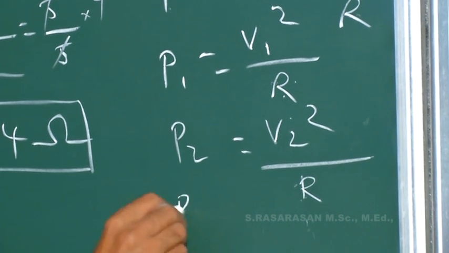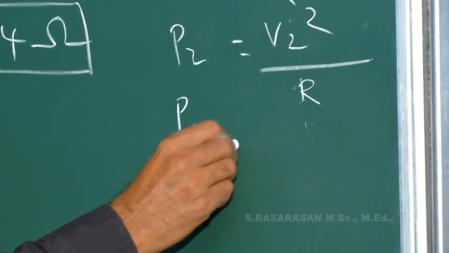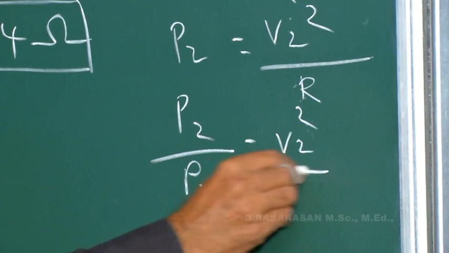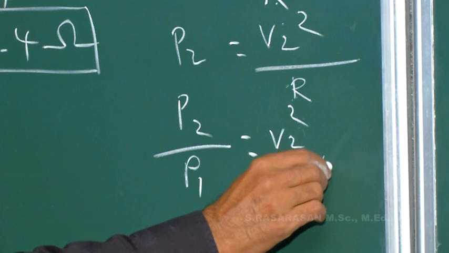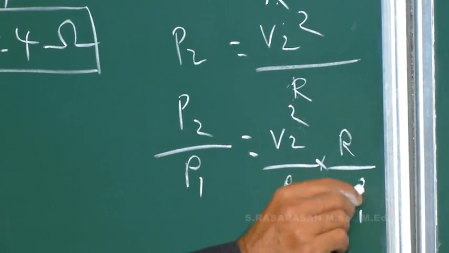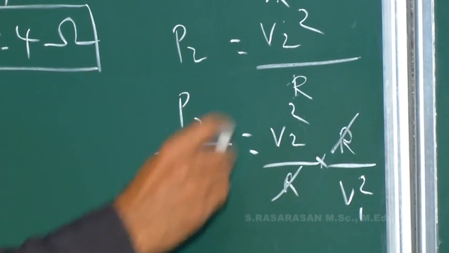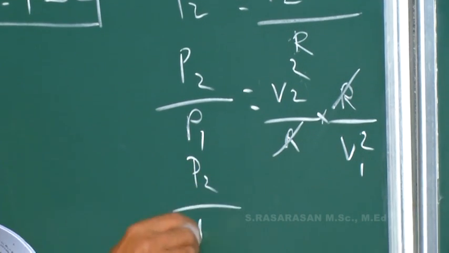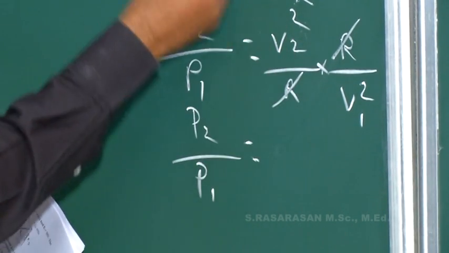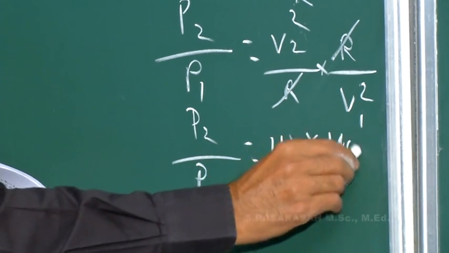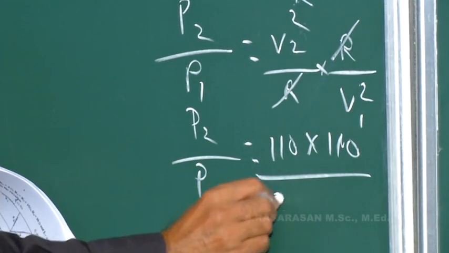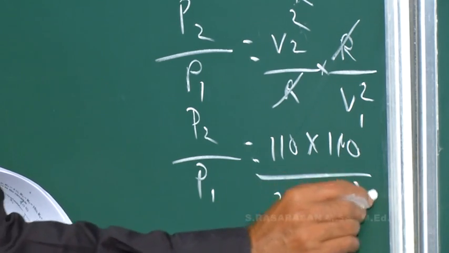So I divide P2 by P1. P2 by P1 is equal to V2 square by R divided by V1 square by R, so we invert and multiply, that is R by V1 square. R cancels. So P2 by P1 is equal to V2 square by V1 square. V2 is 110, so 110 into 110 by 220 into 220.